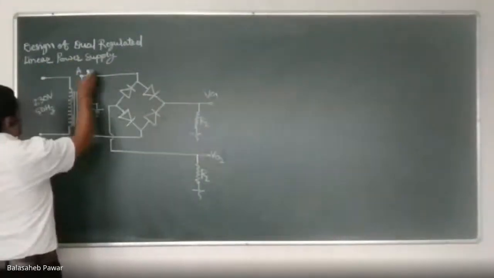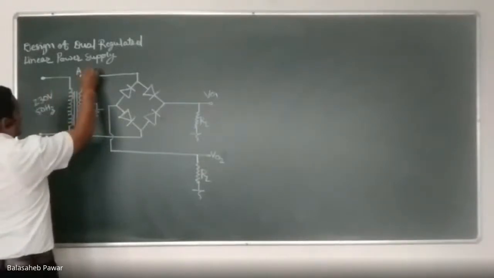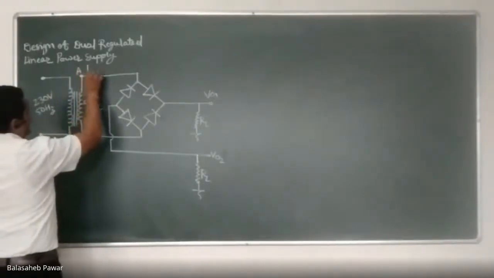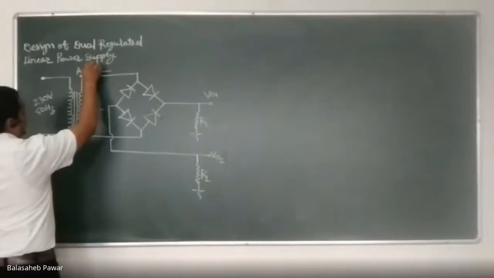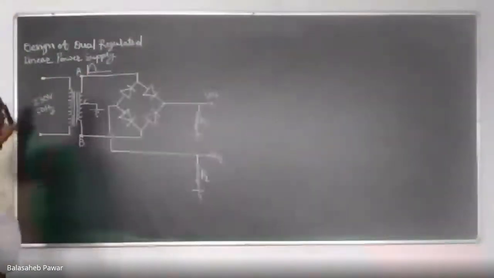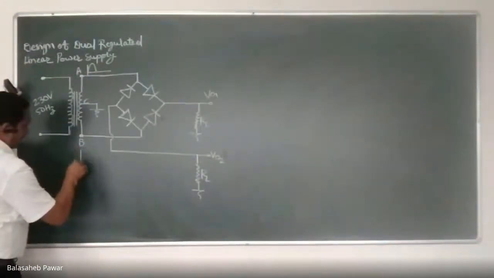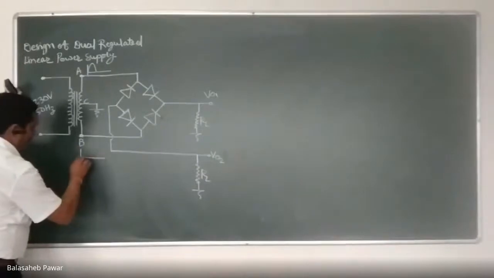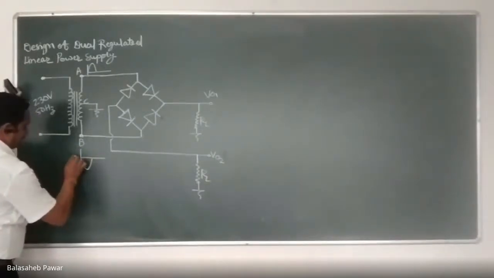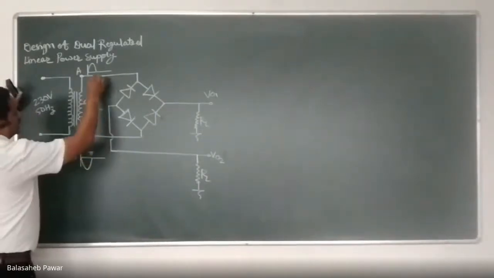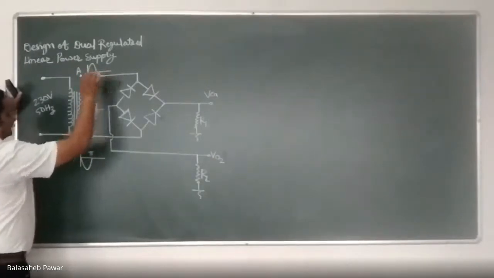Terminal A will go on to follow the input, and that's why here I will consider terminal A will be at positive potential, while terminal B will be at negative potential for 0 to pi. Okay.